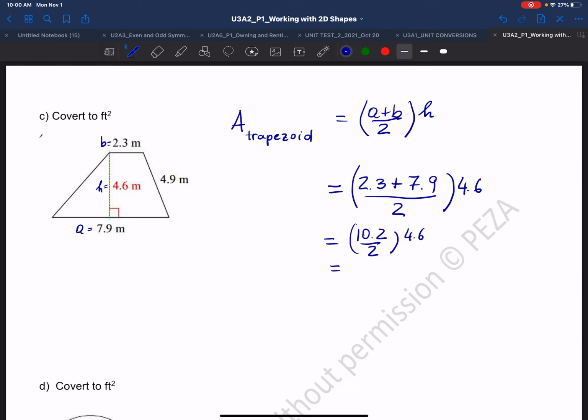So 10.2 over 2, that's 5.1, and then times 4.6, so that would be 23.46 meters squared. So this would be the area in meters squared, and we want to find the area in feet squared. And notice how I've misspelled convert everywhere. So we're going to say that we need conversions between meters and feet.